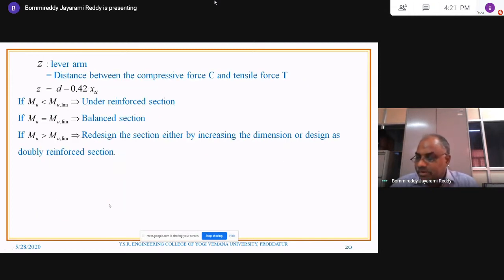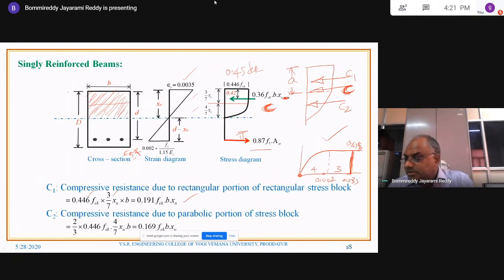Now, what is lever arm? So lever arm means the distance between the compressive force and tensile force. This is called the lever arm. Already I told you earlier in working stress method of design, Z is the lever arm, which is the distance between the center of gravity of the steel reinforcement to the center of the compressive reinforcement.